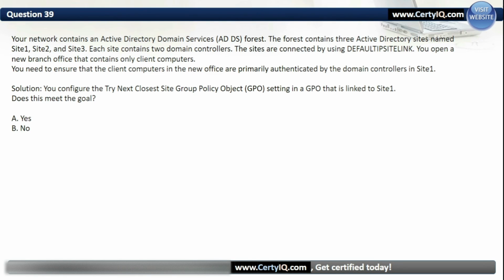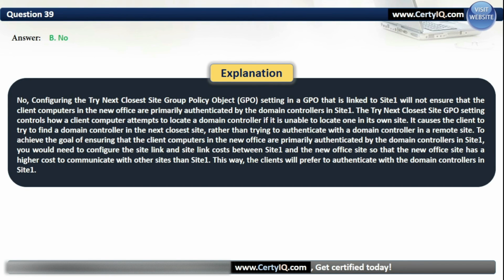Solution: you configure the Try Next Closest Site Group Policy object setting in a GPO that is linked to Site1. Does this meet the goal? The correct answer is B. No.